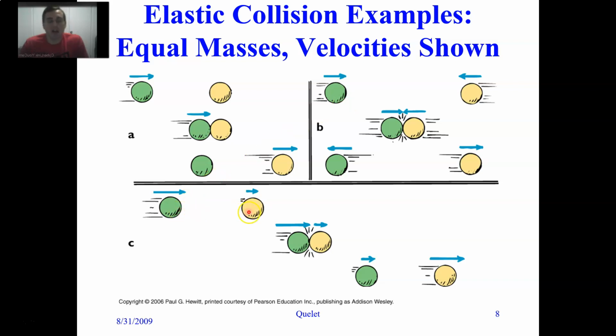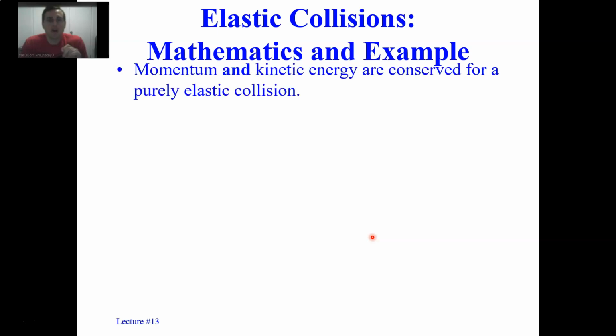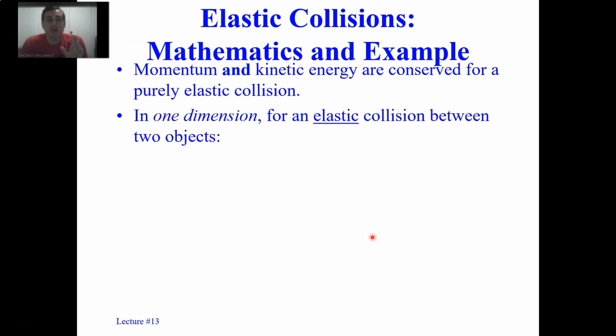And if green and yellow have the same velocity, but green catches up to yellow, they hit together. Green then starts moving slower and propels yellow forward. So again, they trade velocities whenever the masses are equal. Again, momentum and kinetic energy are conserved for a purely elastic collision.